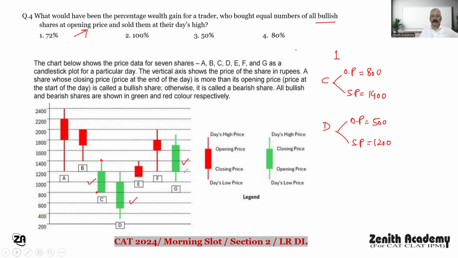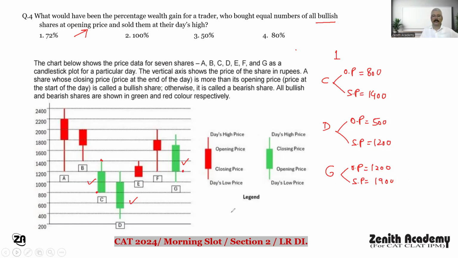And after D, the G opening price, this is 1200. And selling price, means day high, is this 1900.